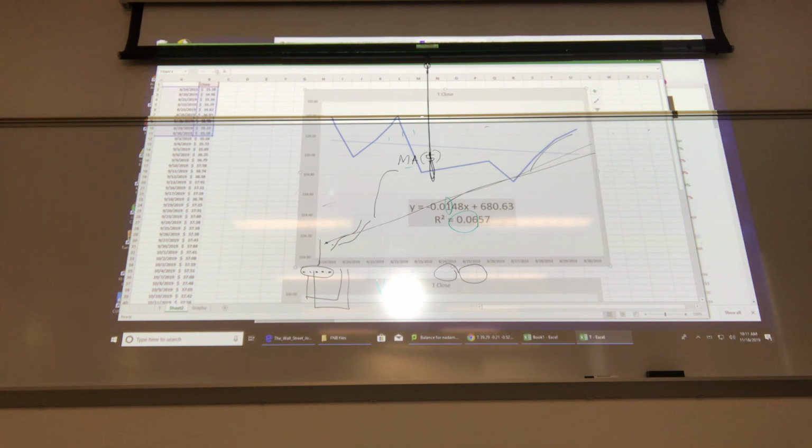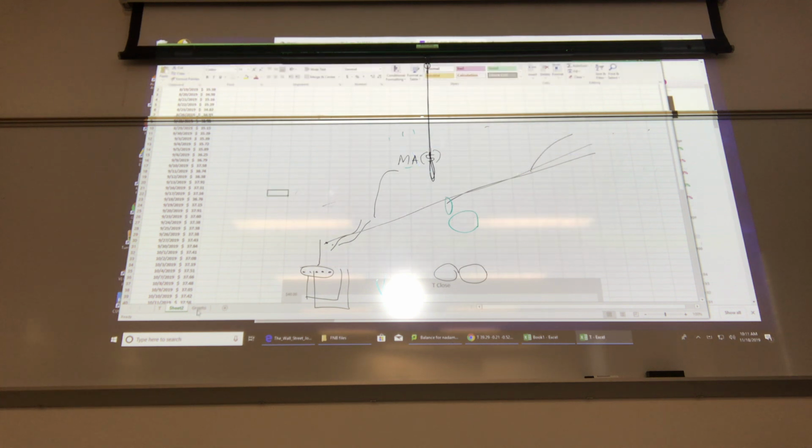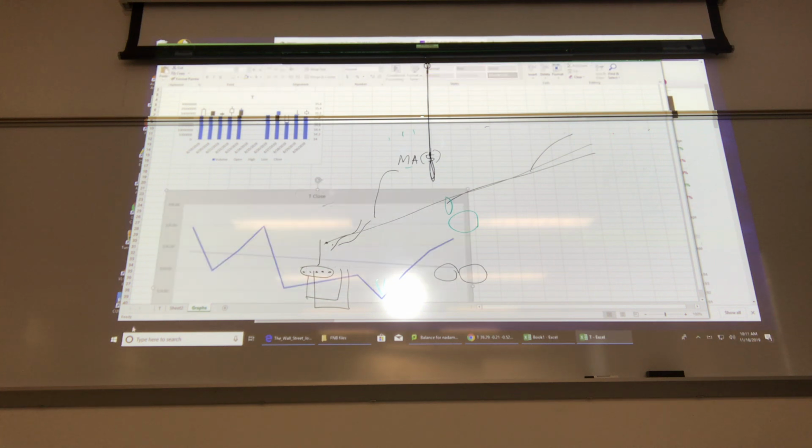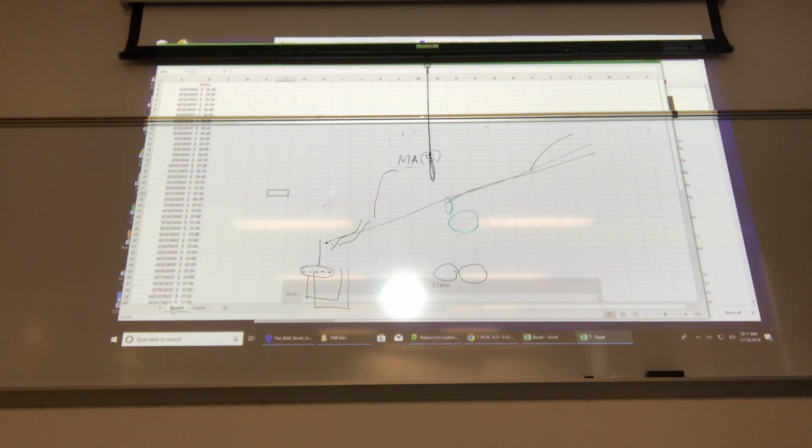I take the graphs, I cut them off, I put them with all of my graphs so I can specify what these graphs would tell me.